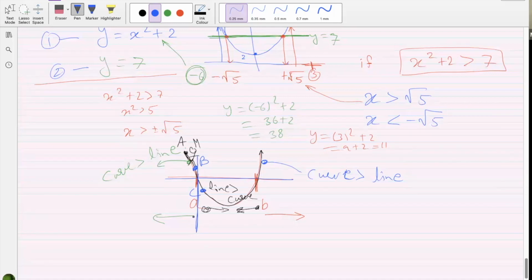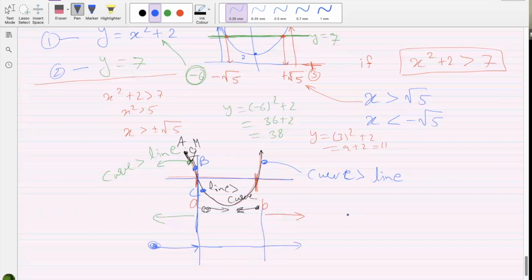Before crossing this, you started with the value of x over here, and when you reach the value A, you were on the line. When you crossed it, you were below the line. When you are at point B, you are again on the line. When you crossed it, you are again above the line.